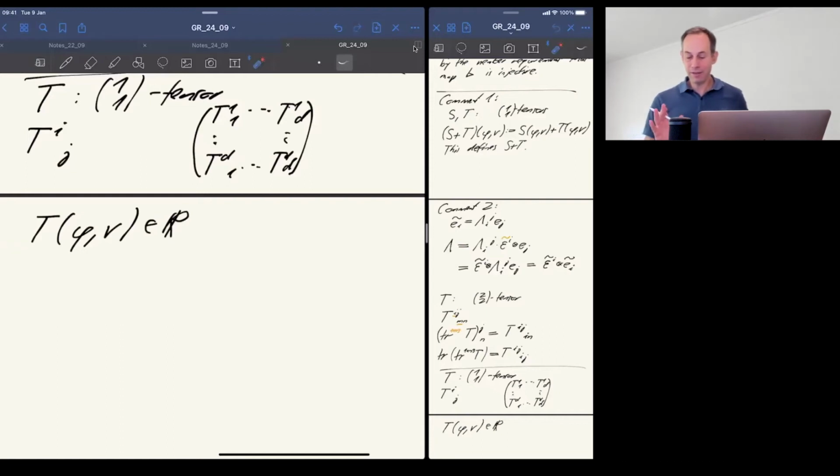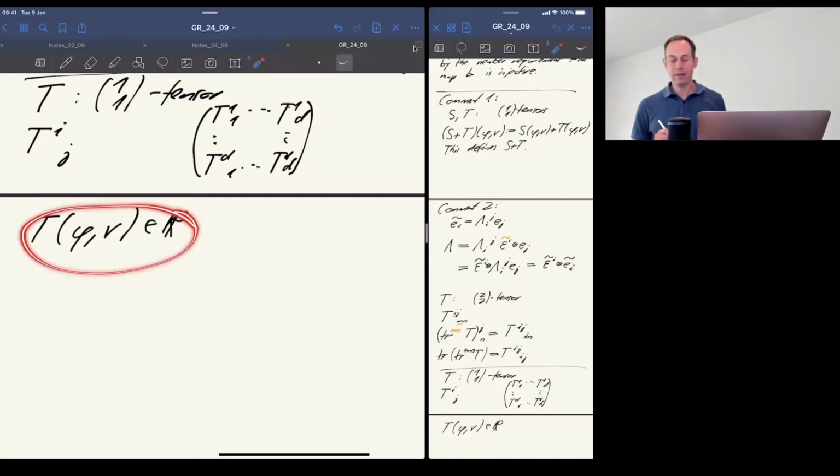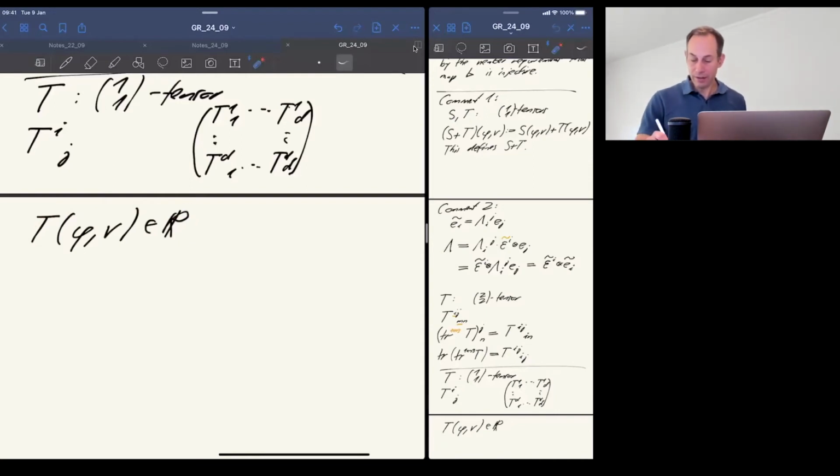Let me briefly say what that means. If you go to the coordinate independent description here, let's see what happens if I take T and fill it with only one argument. I leave the first one open and just put a v as the second.